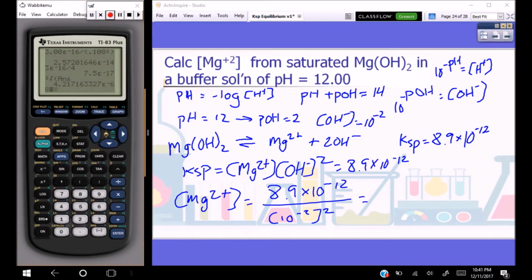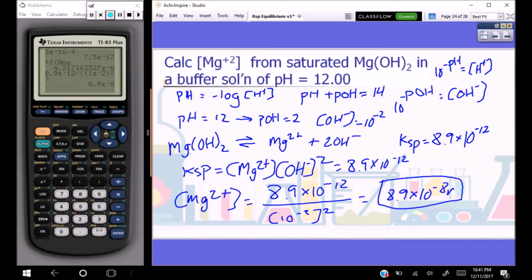So I've got 8.9 e to the negative 12th, and then 1 e to the negative second squared, and I end up getting a molar solubility of 8.9 times 10 to the negative 8th molar. That is my concentration of magnesium 2 plus.